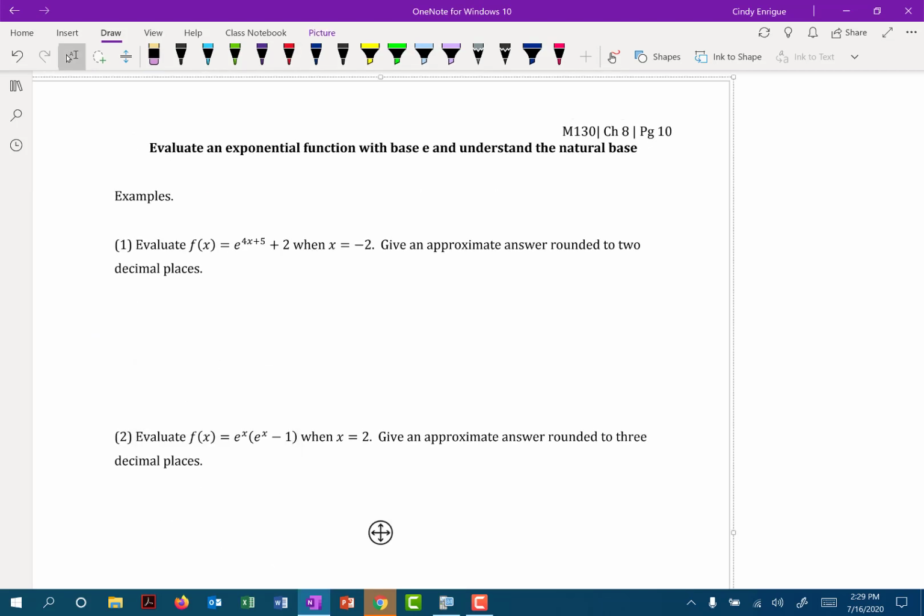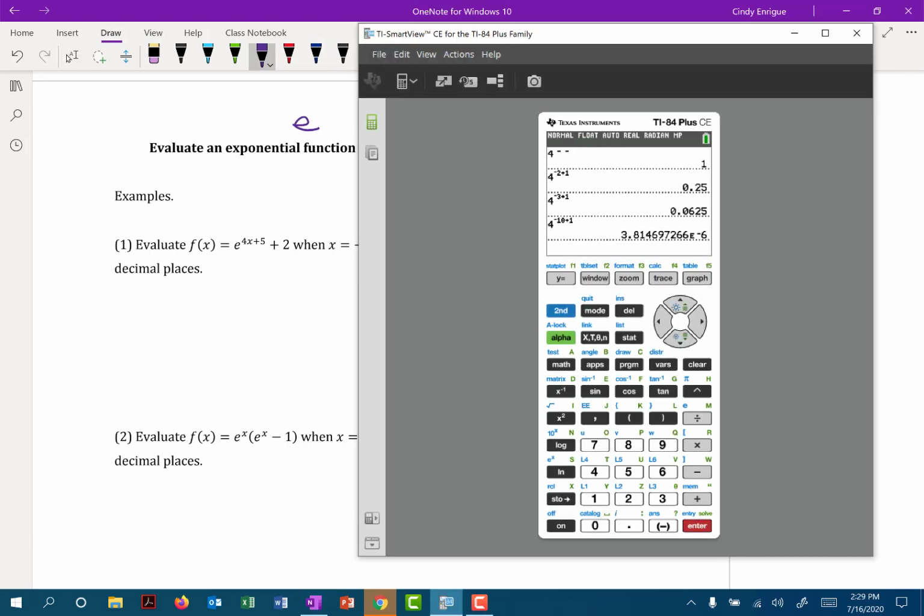Now, for the next example on page 10, it says evaluate f of x when x is equal to -2. Give an approximate answer rounded to 2 decimal places. So here we are talking about e, and if you're wondering what the heck is e? E is a number.